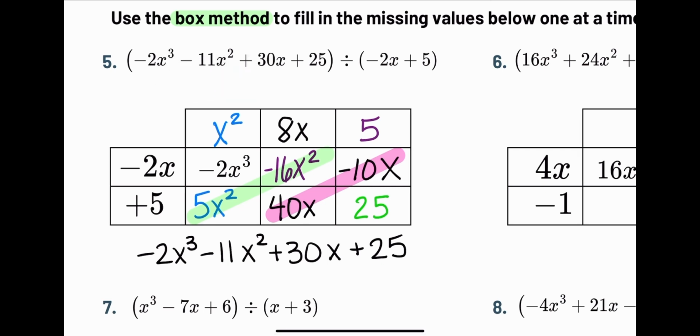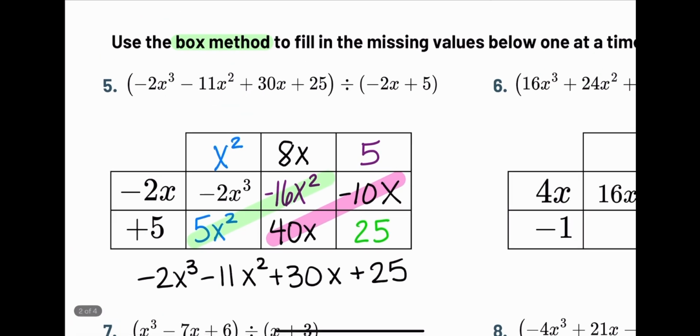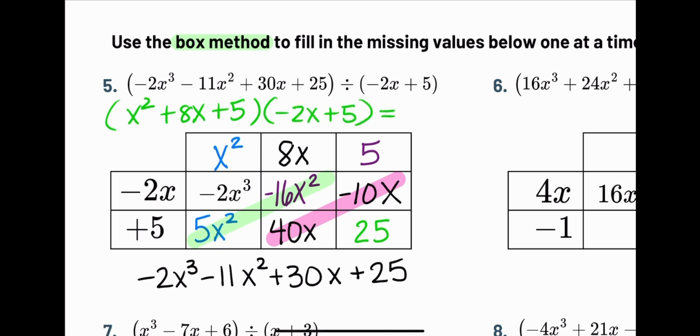I will write that out here. x squared plus 8x plus 5 times negative 2x plus 5 is equal to negative 2x third minus 11x squared plus 30x plus 25.